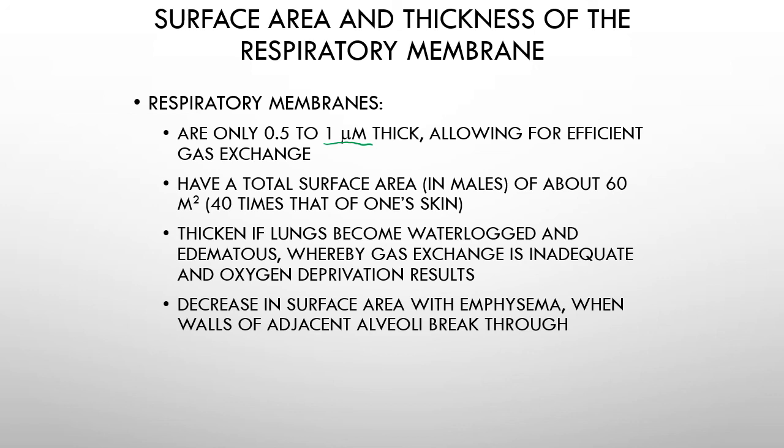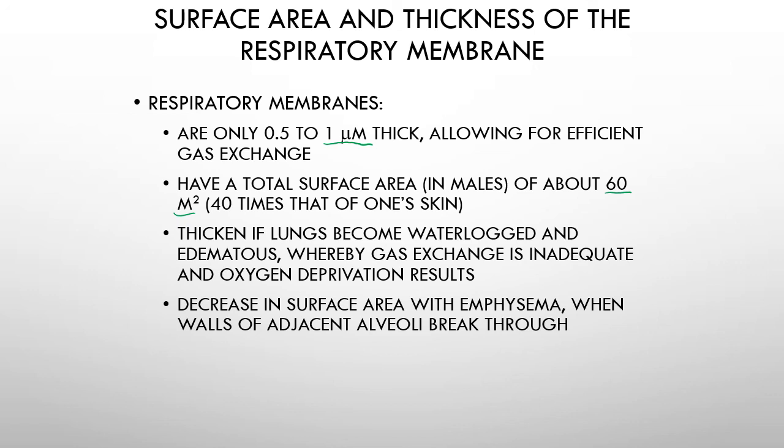This allows gas to move very quickly and very easily between the two layers. Combine that with the fact that we have a surface area inside the lungs of somewhere in the neighborhood of 60 square meters. This is just a huge amount of space, and so we have a very large amount of surface area for exchange.